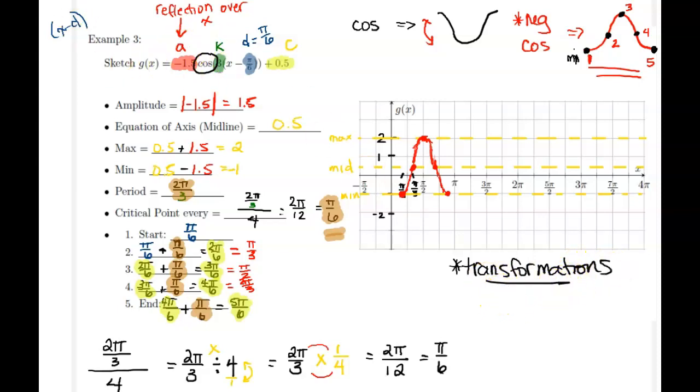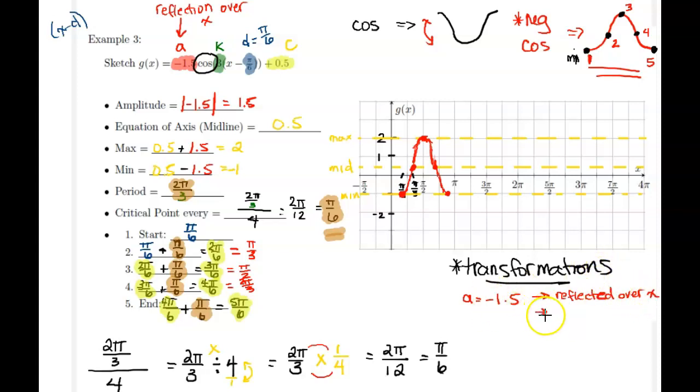So my a value was negative 1.5. So this actually tells me two pieces of information. The fact that it's negative means it's reflected over the x-axis, which we saw. Okay.